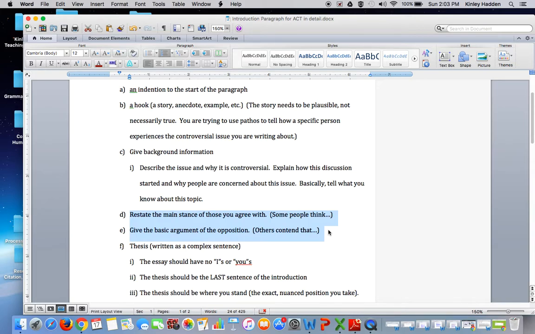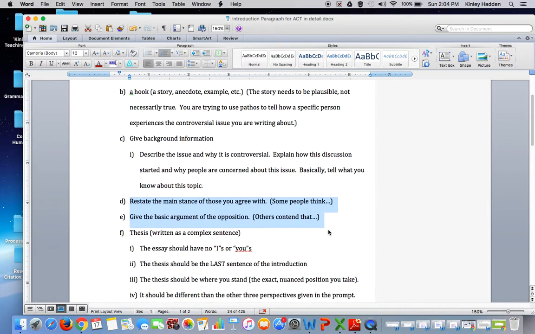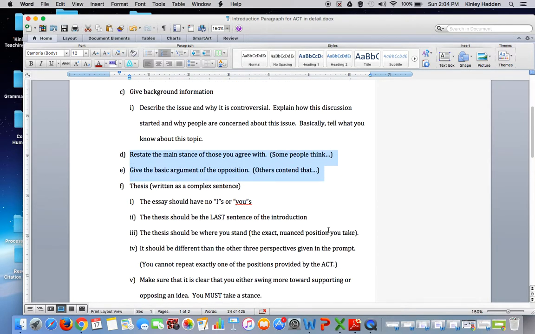You're just going to give a basic overview of the main reason or way that people find themselves conflicted in this issue.